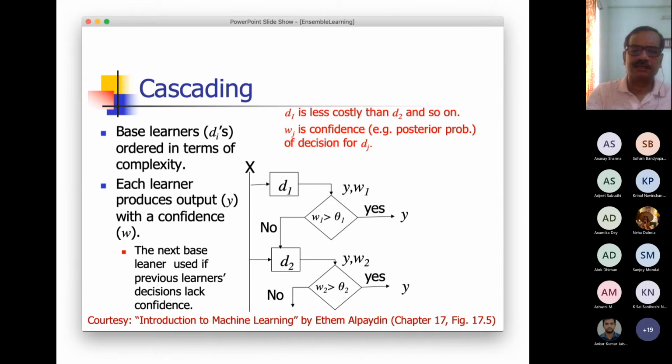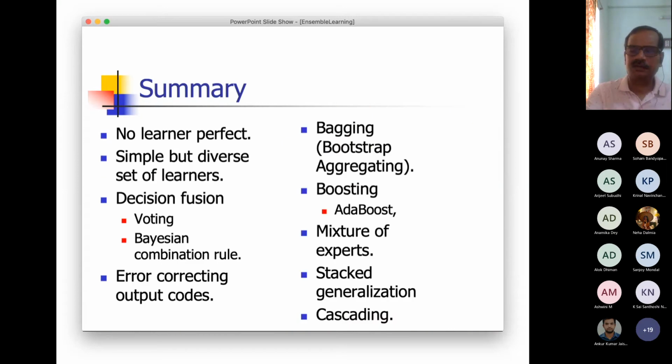I think more or less we have discussed different policies of aggregating the decisions of a set of learners, which is called the ensemble learning process.